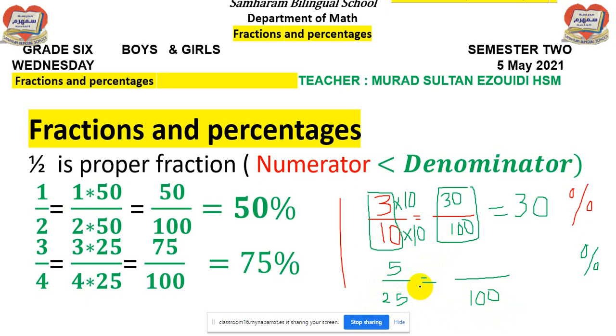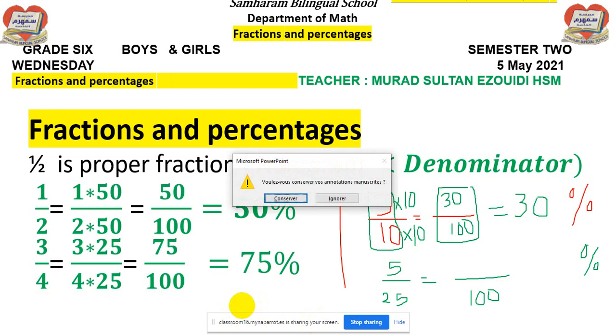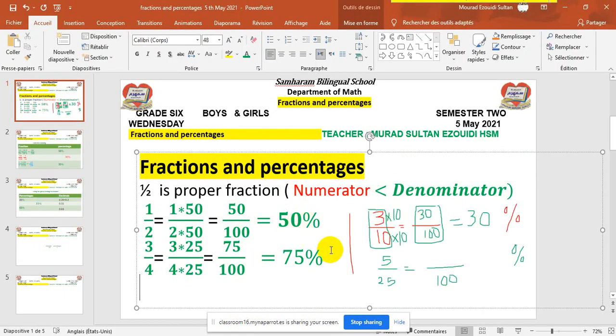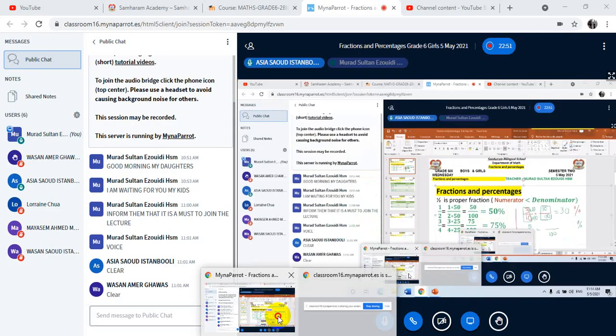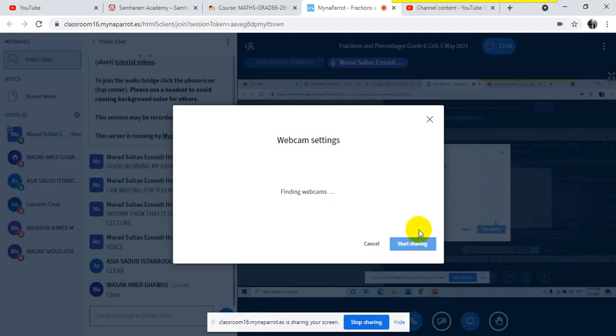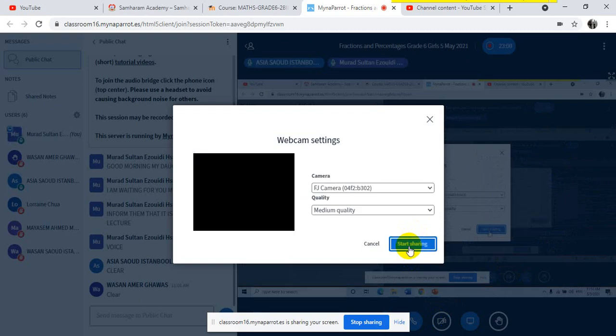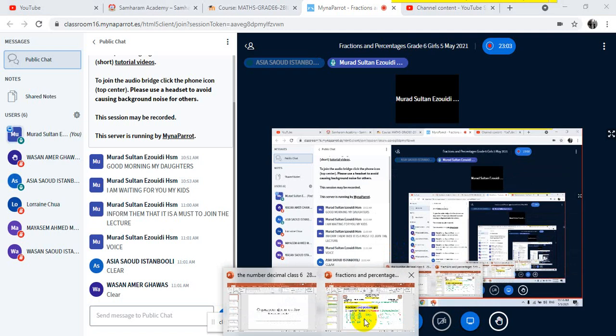We told 25 multiplied by what gives 100? 4. Yes, good girl. That's what I'm looking for.